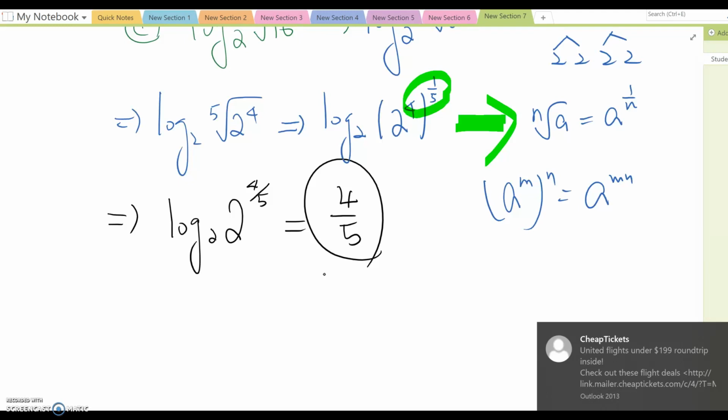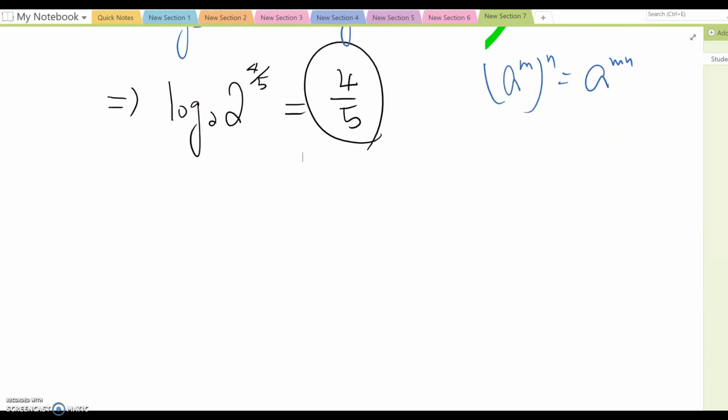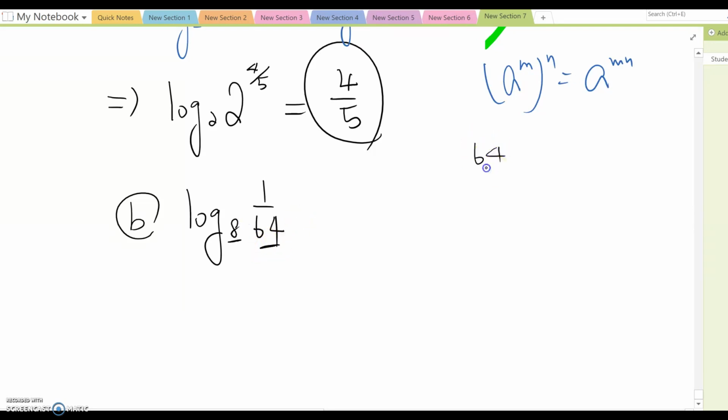Then think about other cases here, such as b, log base 8 of 1 over 64. Okay. Now, because the base is 8, you need to think about this one more carefully. So 64, you can make 8 times 8, 4 times 2, 4 times 2, and 2 times 2, and 2 times 2.